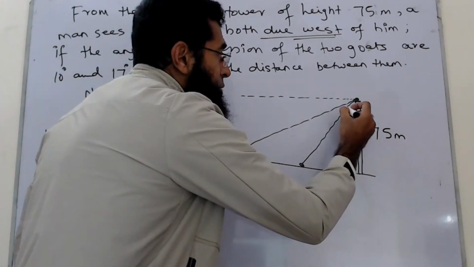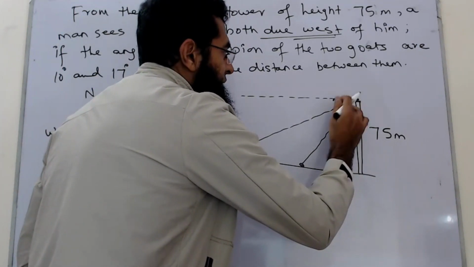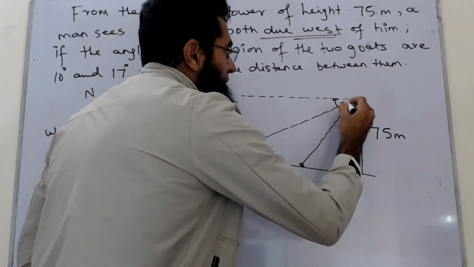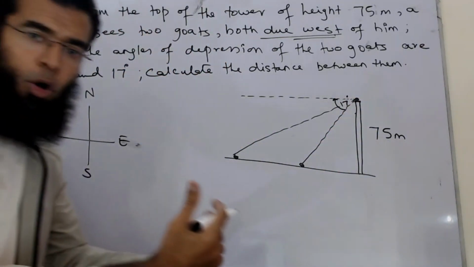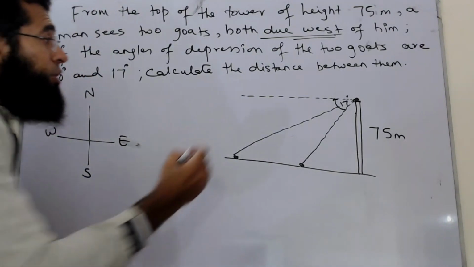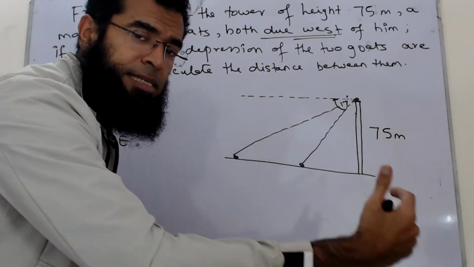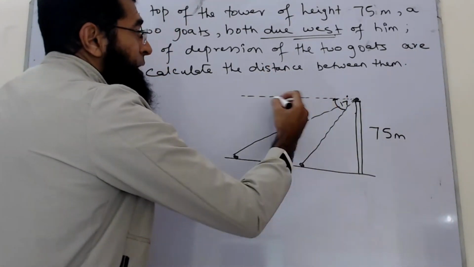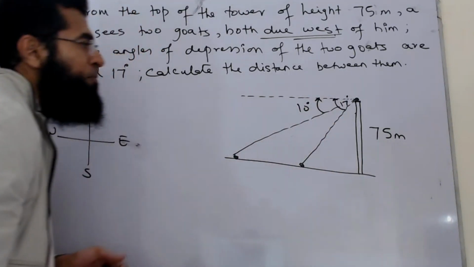So this angle would be 17 degrees, right? I'll write here. This angle would be 17 degrees because the goat is closer to that man, right? Okay. So the goat which is at a distance, और उसका angle beta हो जाएगा angle of depression, that would be 10 degrees, right?